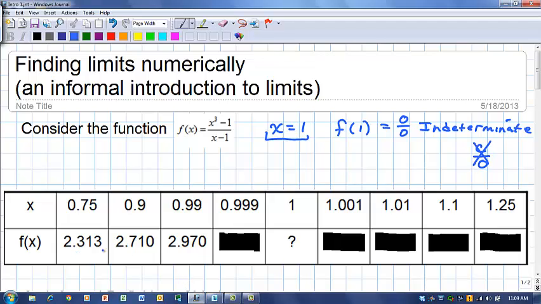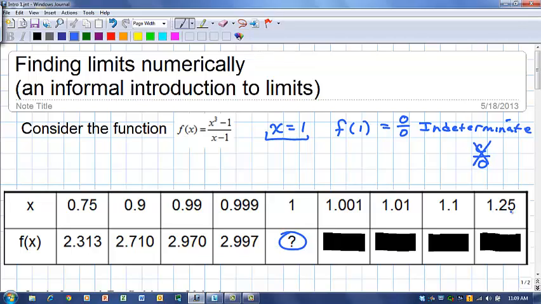So it's changing a little less than it did previously. And as we get really close, 0.999 for x, the function value is 2.997. So we still don't know what's going on when x is equal to 1, but we can get a pretty good guess. Now we're going to also look at the values from the other side.